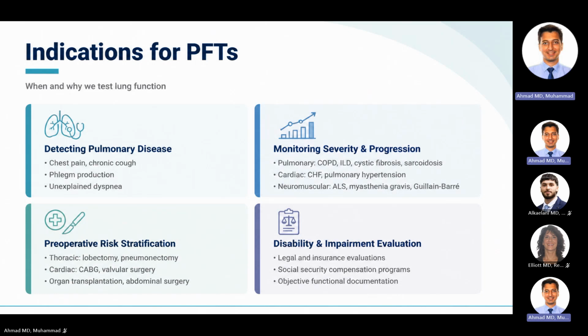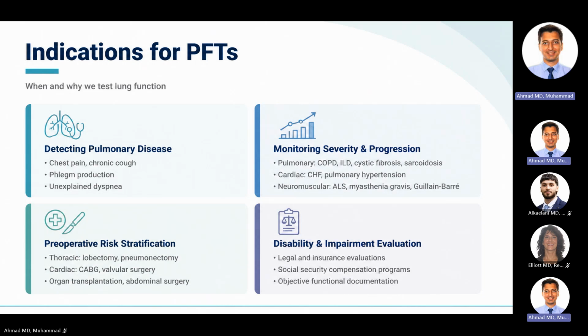Preoperative risk stratification in lung conditions for lobectomy or pneumonectomy, in heart conditions for CABG or for valvular surgery, and then, of course, in organ transplantation, either heart or lung, and in abdominal surgery. We risk stratify these patients to see how well can they tolerate anesthesia and what is their risk for pulmonary complications post-anesthesia. You also help in monitoring severity and disease progression.